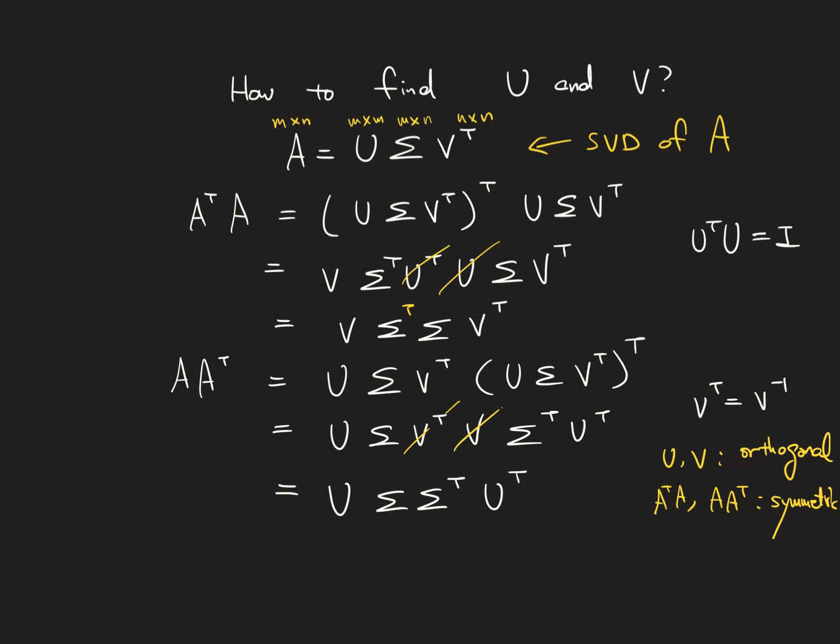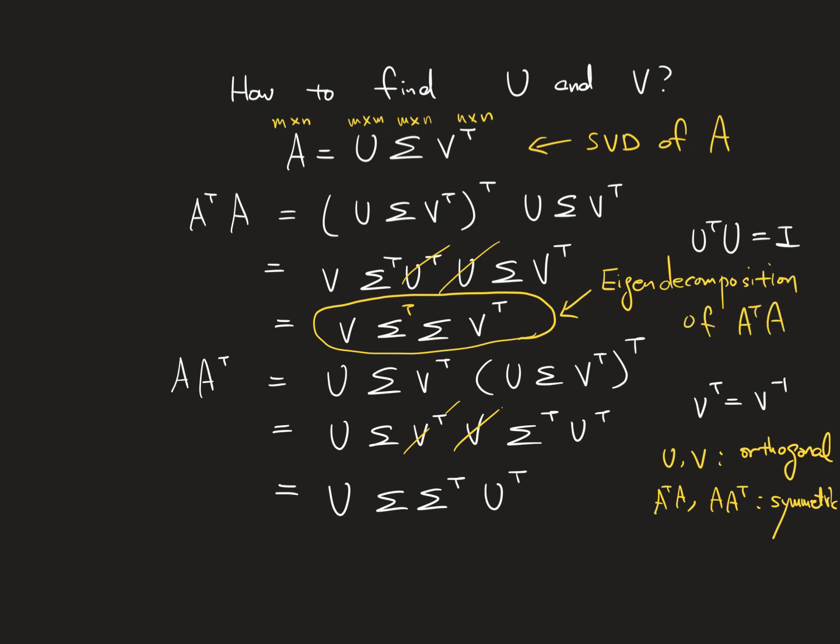So we can see that this is just the eigendecomposition of A transpose A. And for this green one, this is the eigendecomposition or spectral decomposition, I think that might be better, because A transpose A is a symmetric matrix.